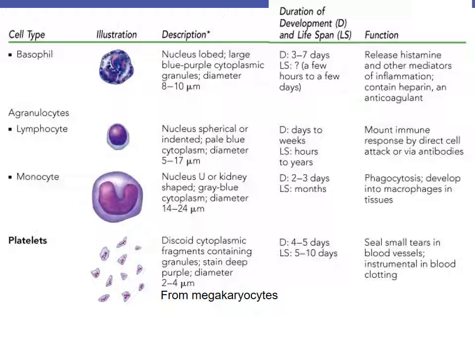Let's go a little bit deeper into the white blood cell components. Believe it or not, there's more that we'll talk about regarding this in a bit, but I wanted you to get a basic idea of who's who and who's there. The first one we have listed is a basophil. If you look closely at the nucleus, it has tons of little super dark purple spots all over it.